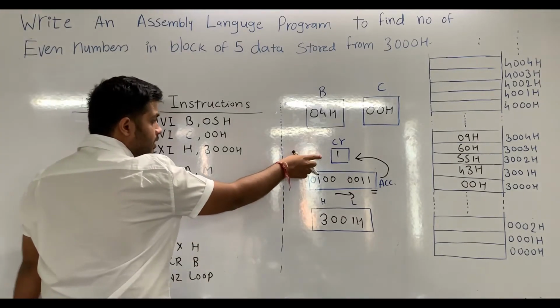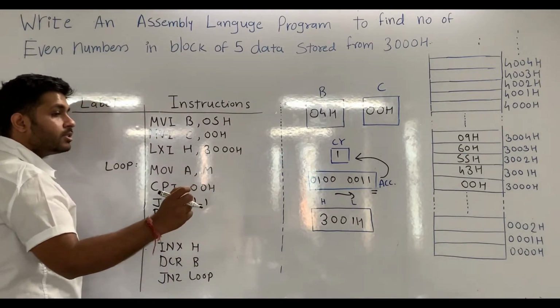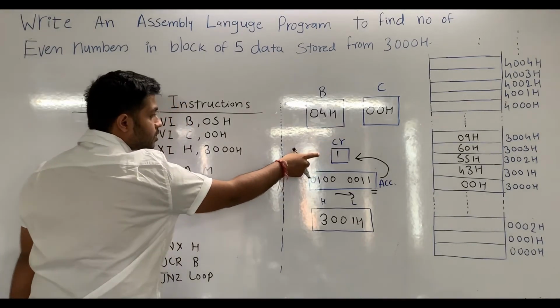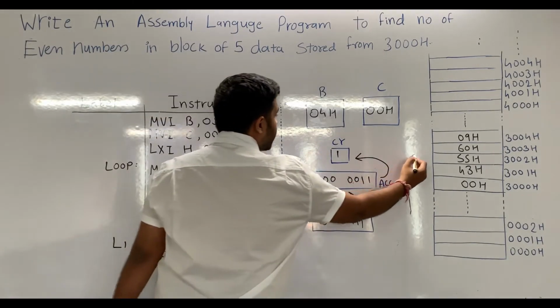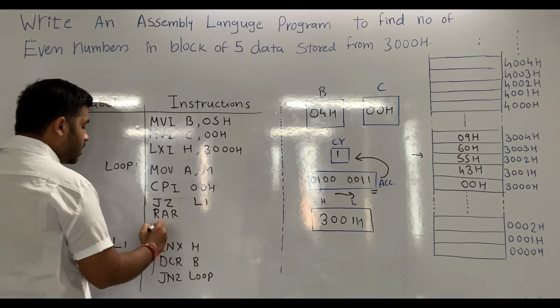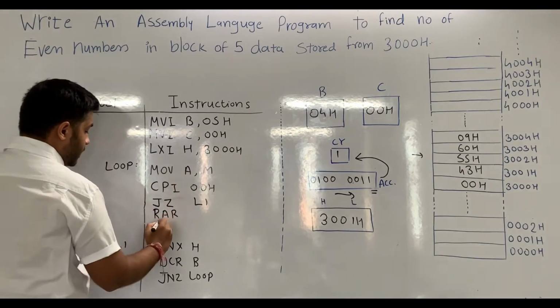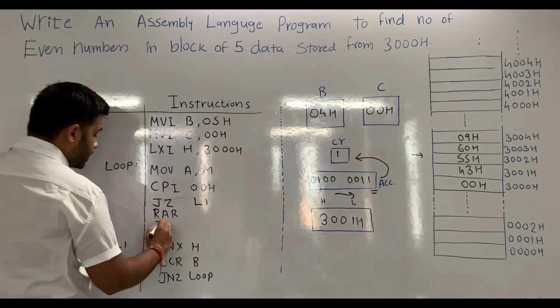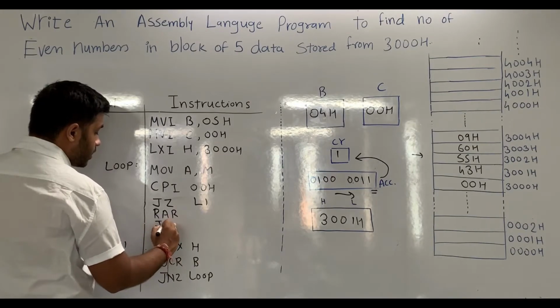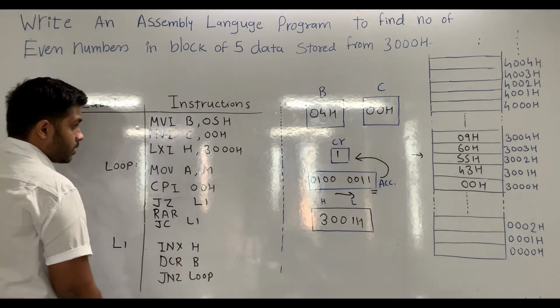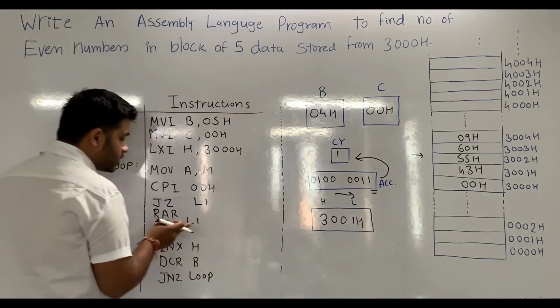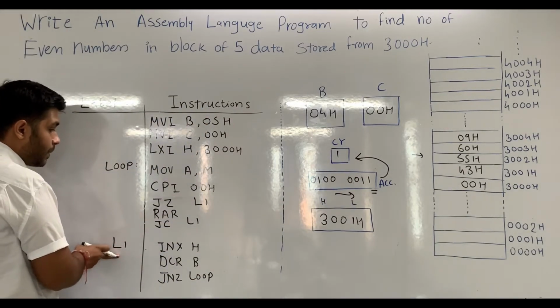When the carry is generated, it means the number is odd. When the number is odd, we have to check for the next number. So when the number is odd, we will use the instruction jump carry to L1. It means when the carry is generated, we will jump to loop L1.